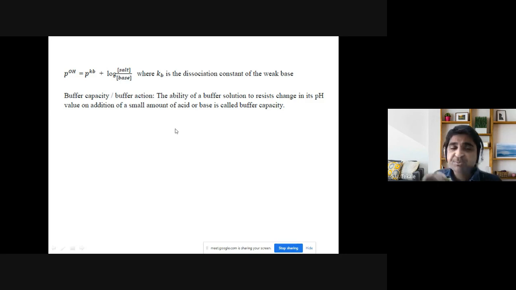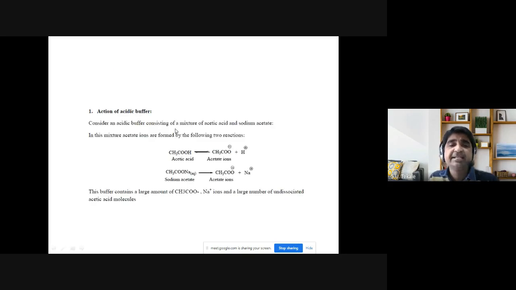So our next point will be how this buffer solution tries to resist change in its pH value when a small amount of acid or base is added to it. Let us first consider the action of an acidic buffer and then the action of a basic buffer.